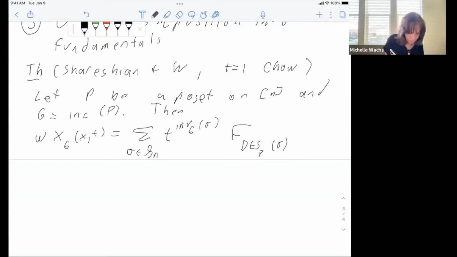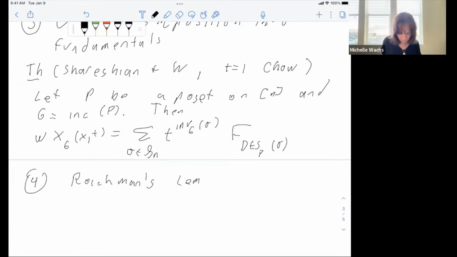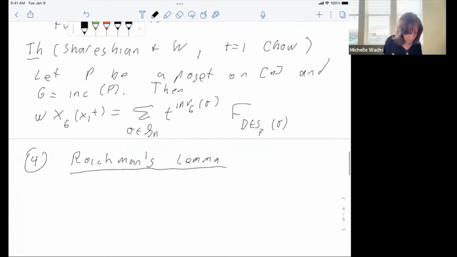So the fourth ingredient in the proof is the lemma of Yuval. So here it is.